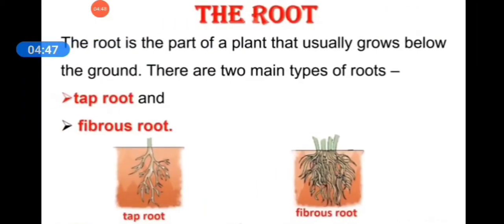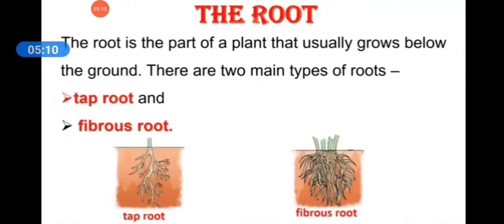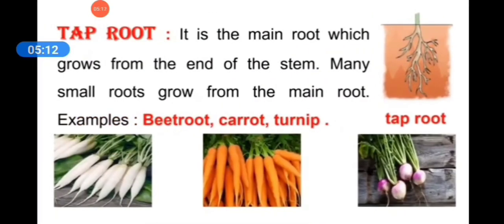The root. The root is the part of the plant that usually grows below the ground that we know. There are two main types of roots. What are they? They are taproot and fibrous root. This is taproot and this is fibrous root. Taproot. It is the main root which grows from the end of the stem.